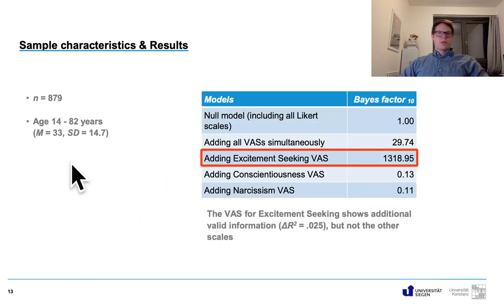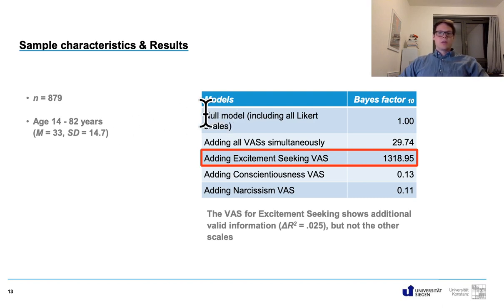The sample in our study consisted of about 900 participants with a mean age of 33 years. To find out how much information is contained, we tried to predict in a regression model the age of participants from their answers on these personality questionnaires.